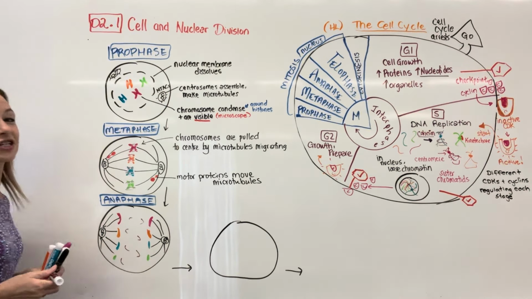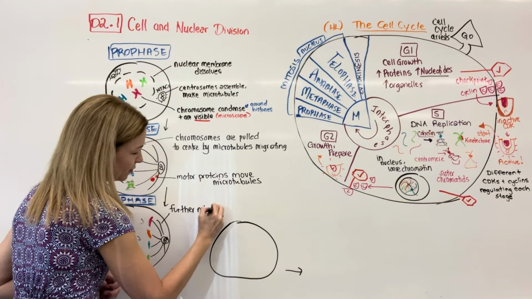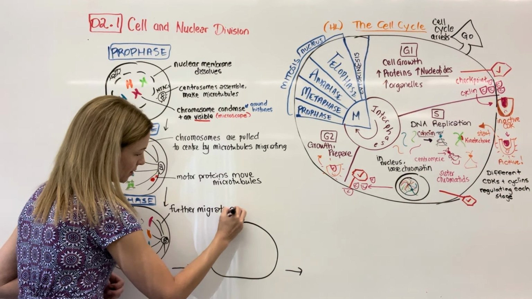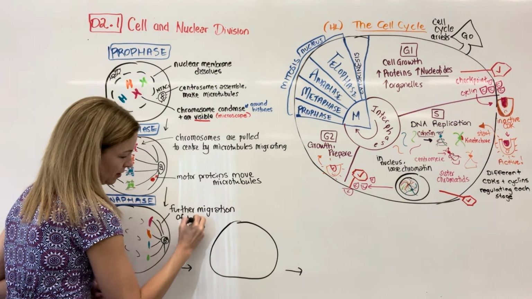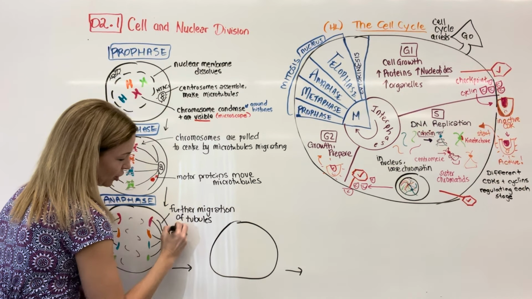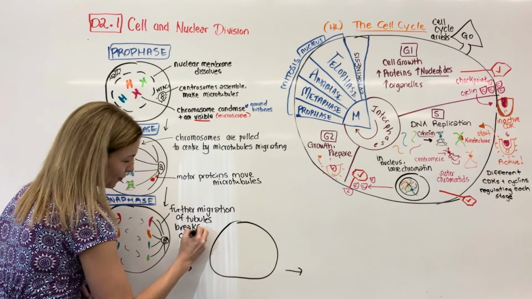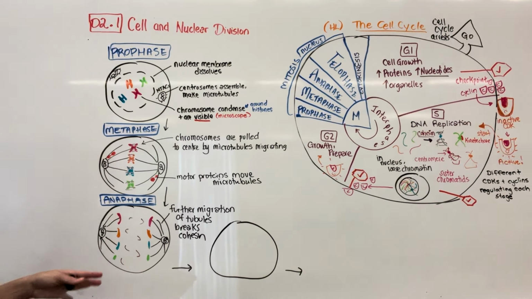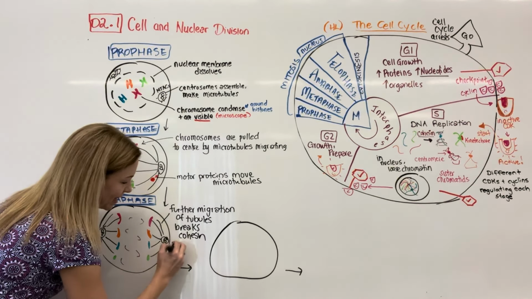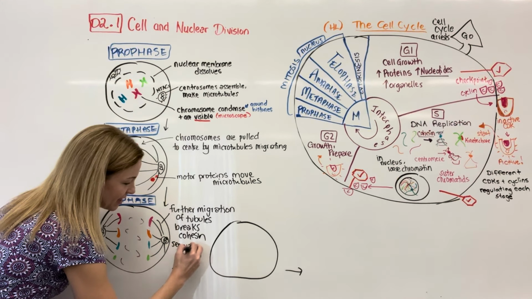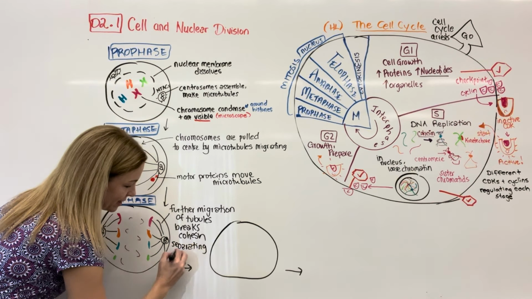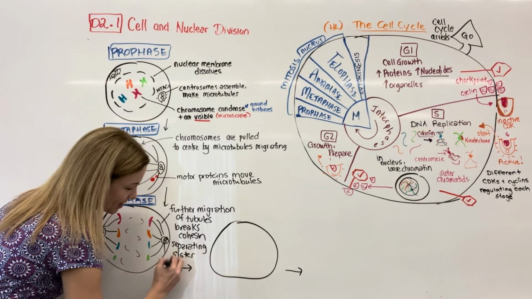That's the first thing that happens: further migration of the tubules breaks the cohesin. So now they are broken apart, and that is what actually separates the sister chromatids.